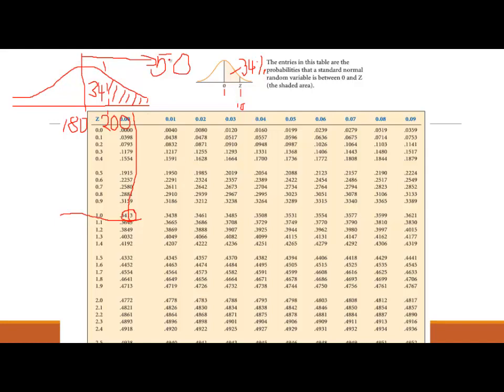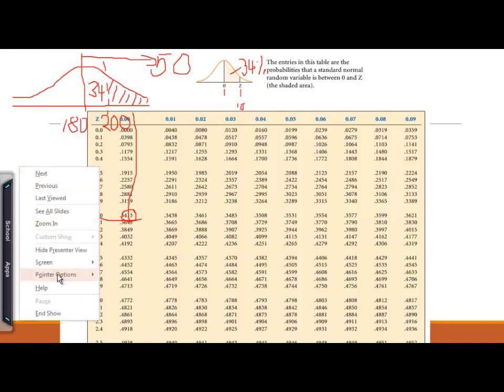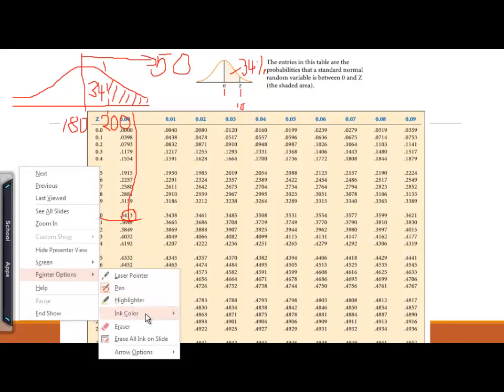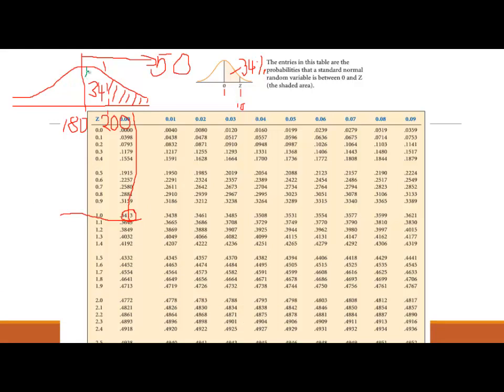So if the whole area to the right is 50%, and this area over here is 34%, then the area in red is going to be 50% minus 34%, which is 16%.